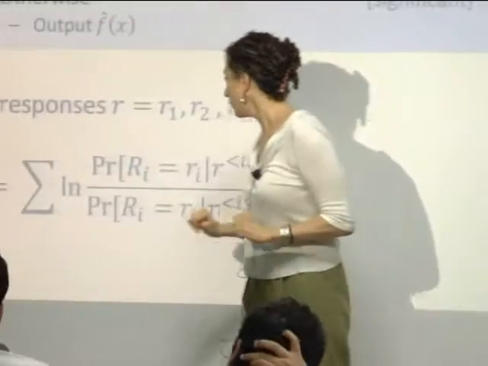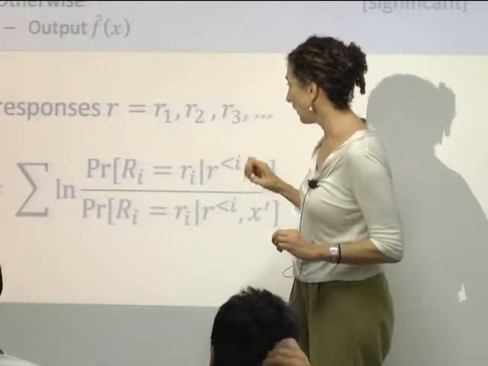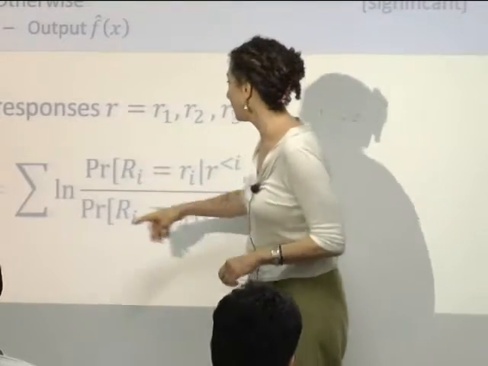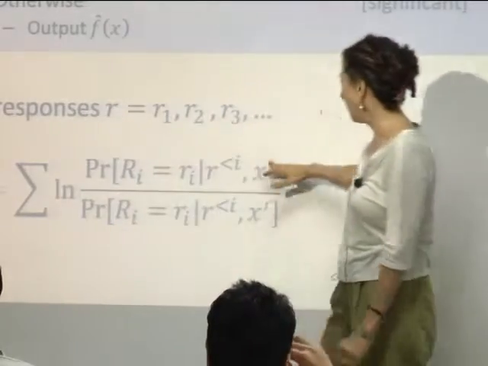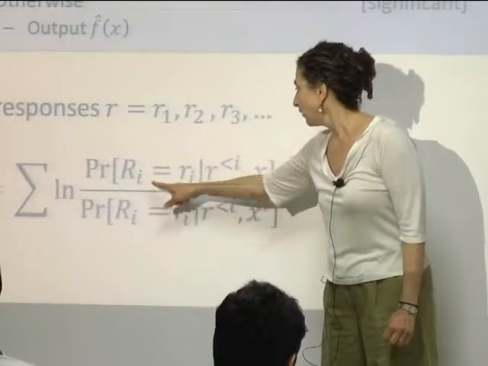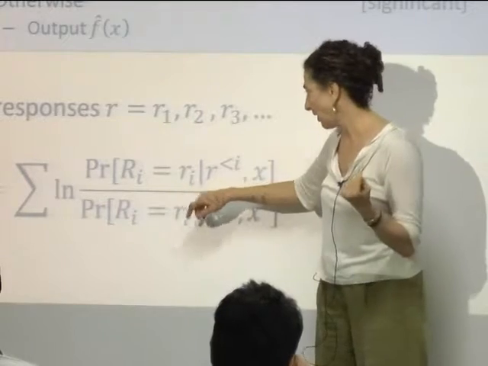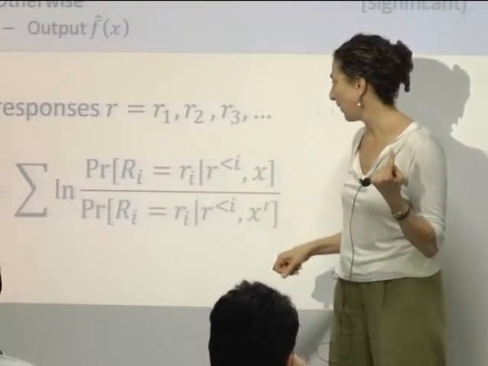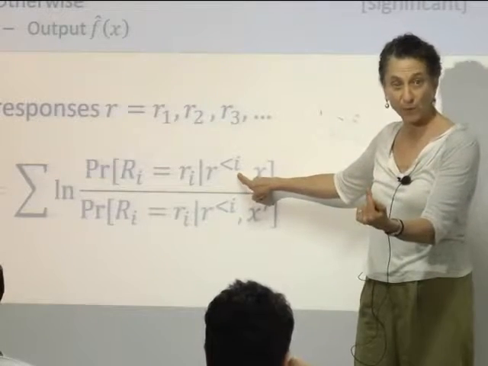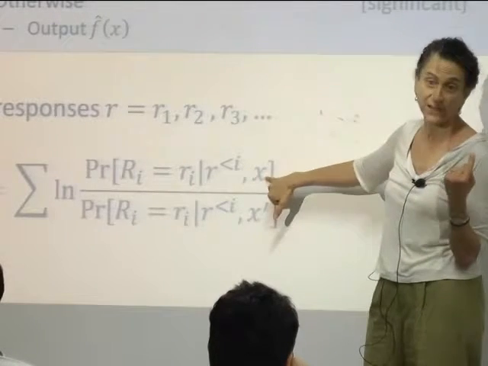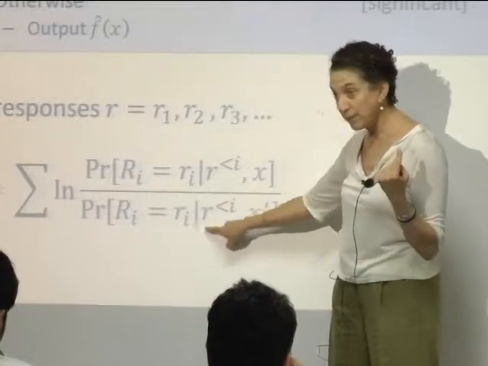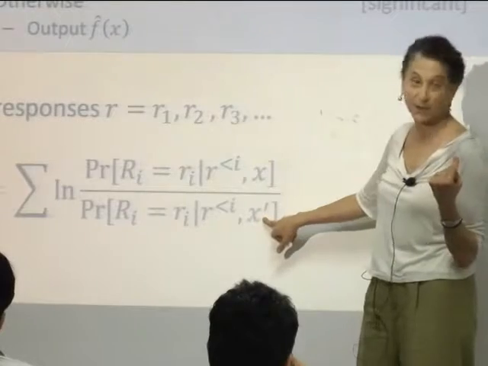And that's going to just be the product of the probabilities. So we're getting a sum of the logs of these ratios, where this notation means the probability that in round I, we end up seeing little r sub I, conditioned on everything that happened in the previous I minus 1 rounds and the fact that the database is X. And here we're conditioning on the same thing, but the database is X prime.